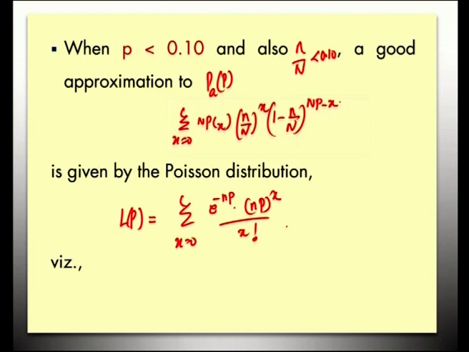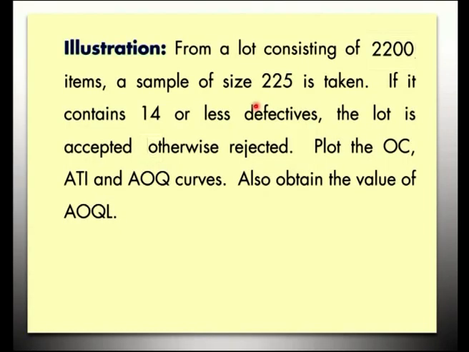Okay. Based on the discussions about OC, ATI, ASN, AOQ and AOQL, we will work out a problem in plotting the OC, ATI and AOQ curves, and from those curves we will extract the values of AOQL. Let us see this example.